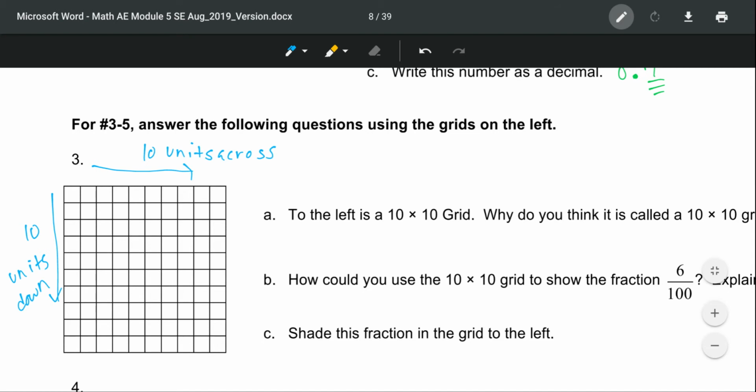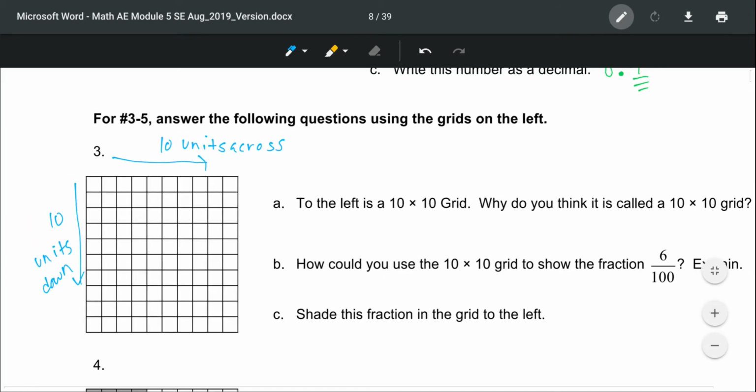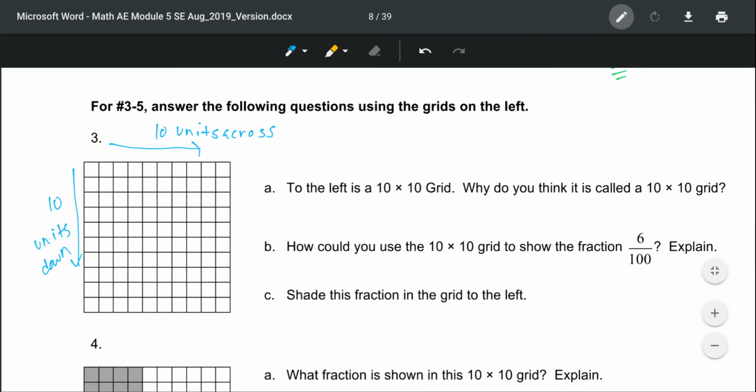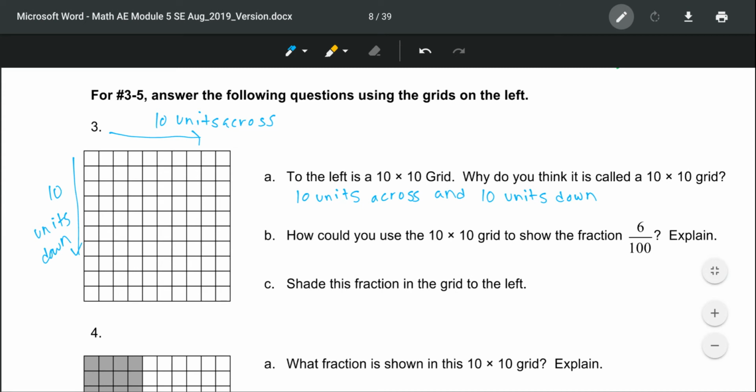So that means that we have a 10 by 10 grid. So it's 10 units across and 10 units down. Okay, now if it's a 10 by 10 grid, that means we have a total of 100 units.